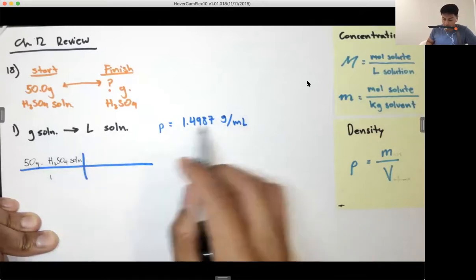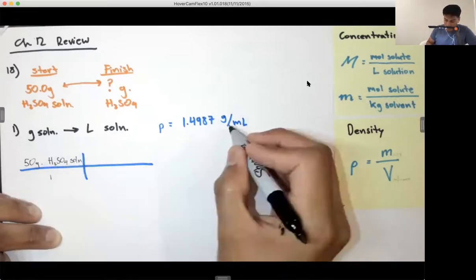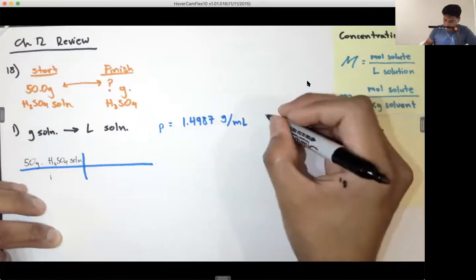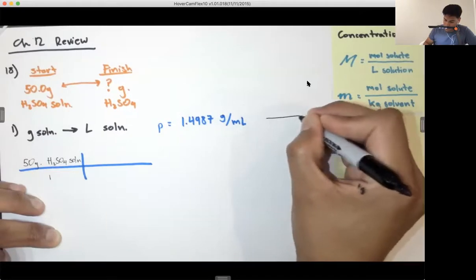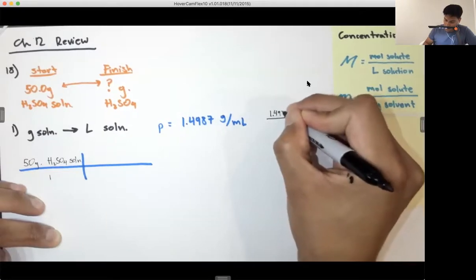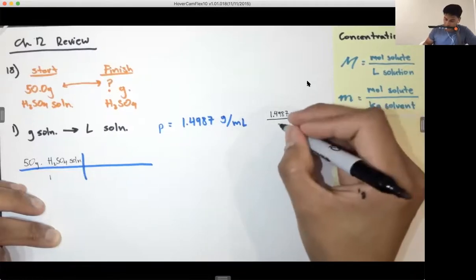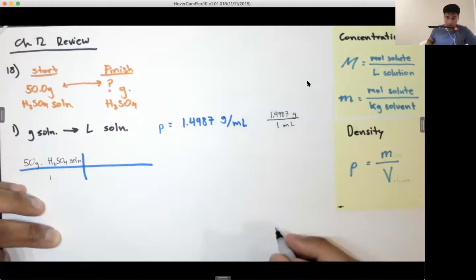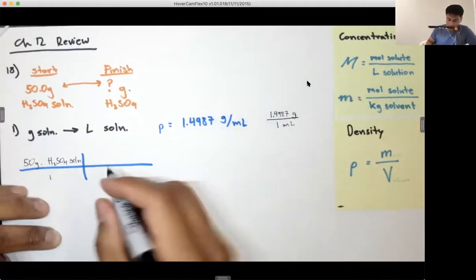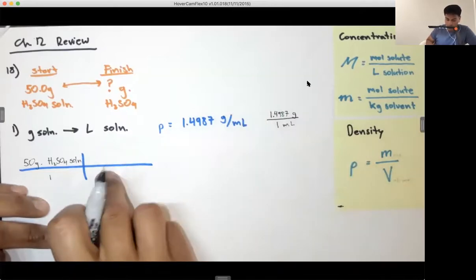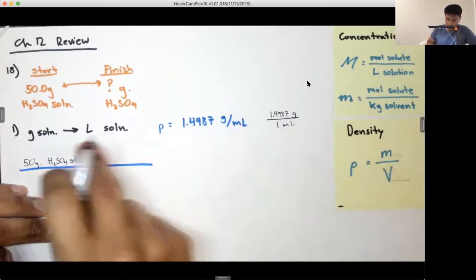So we're going to use this conversion right here, and we want to eliminate grams. This tells us that it's a conversion factor: 1.4987 grams of H2SO4 is dissolved in 1 milliliter of H2SO4. To eliminate grams, I have to put grams on the bottom, according to the solution.